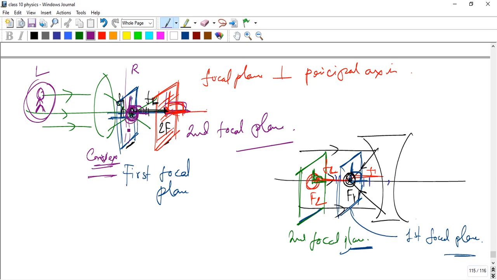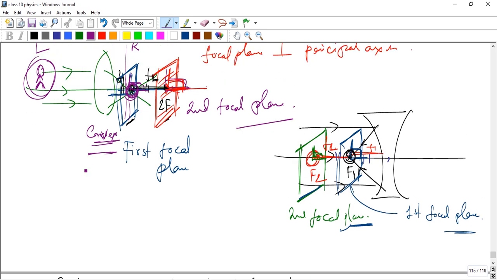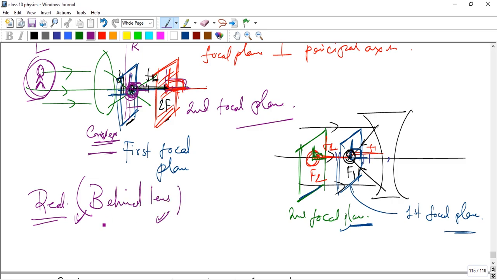The object is in left side and image in right side, behind the lens. That's why the real image.